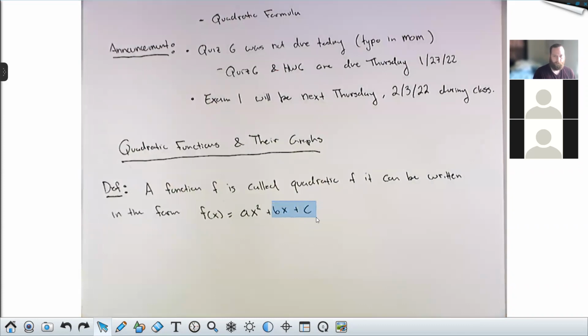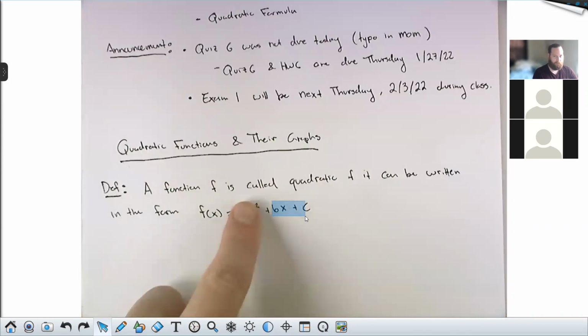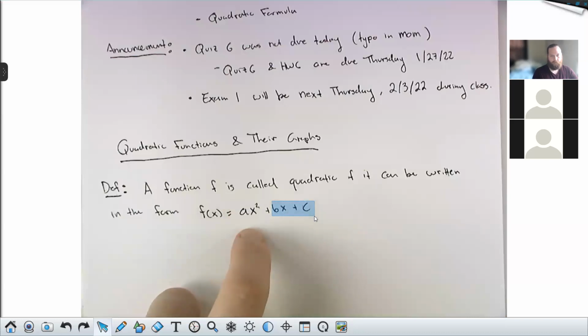And this part, the bx plus c, is like a linear function, right? If you cover up the ax squared part, just this part would be a line whose slope is b and whose y-intercept is c. So you can think of this as a way of extending linear functions. Linear functions have constants and x to the 1 terms.